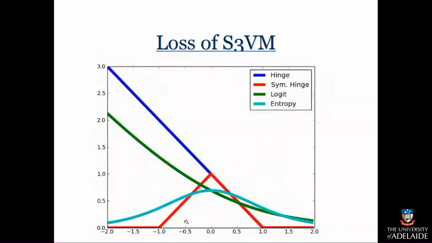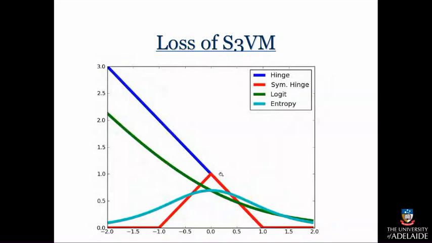And the other two, let's check this one. This is like a hat. It's called a symmetric hinge loss. And this is not convex, of course, as you can see from the shape of the curve. It's not convex. It's not concave either.